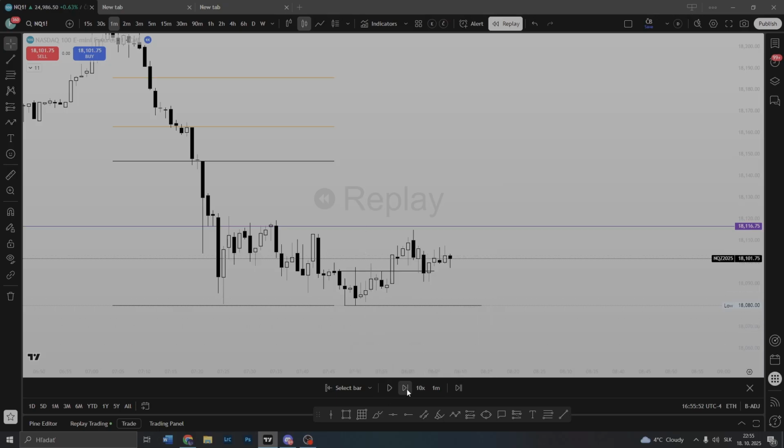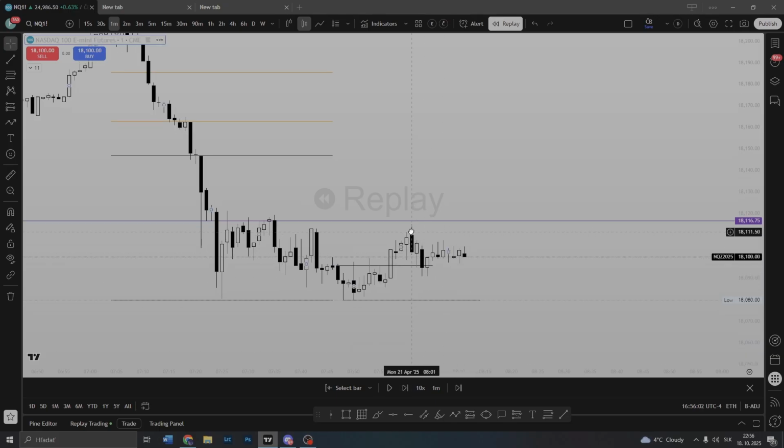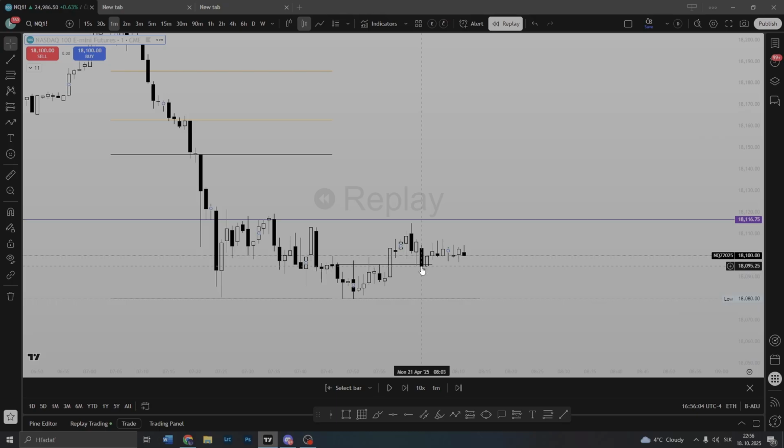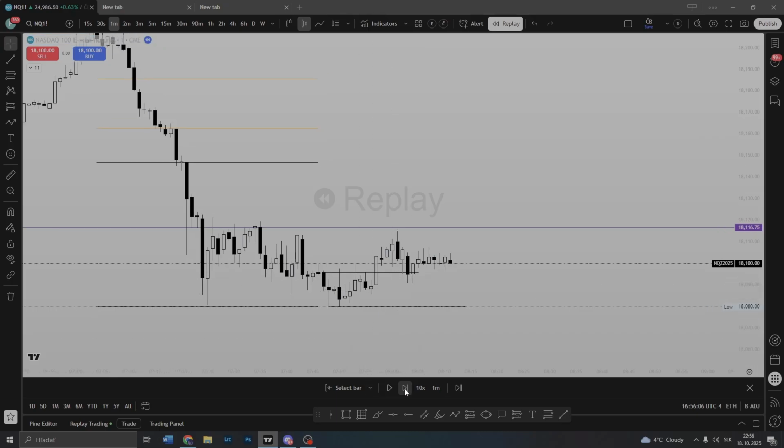So again, it's the same thing. I need to see a strong closure above 801 if you are bullish. If you are bearish, I need to see a strong closure below 803. This candle by itself is not closing above the 801.